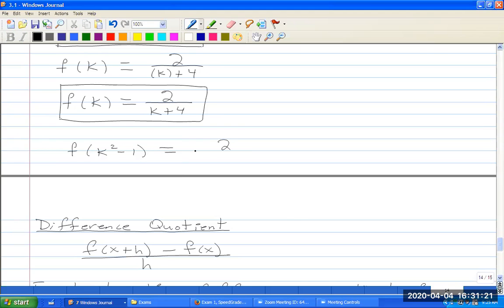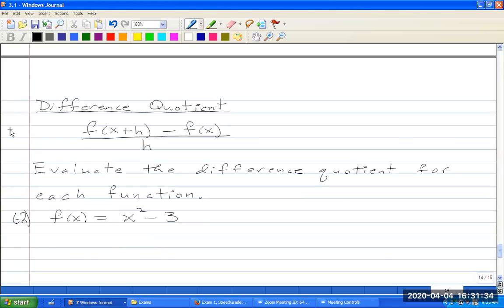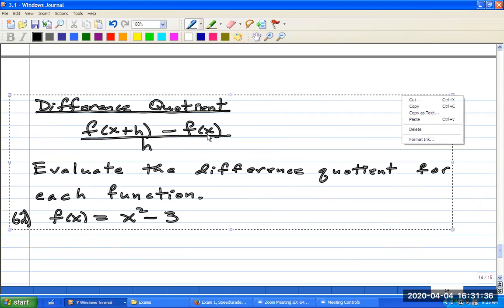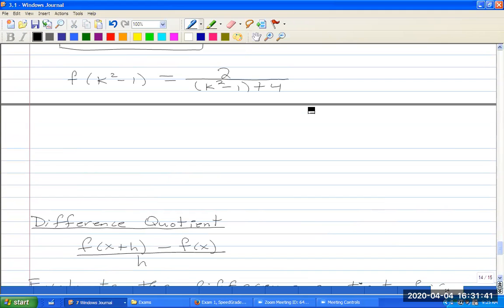And so I have 2 over k squared minus 1 plus 4. So f at k squared minus 1 is equal to 2 over k squared. 4 minus 1 is 3. And that is your answer.